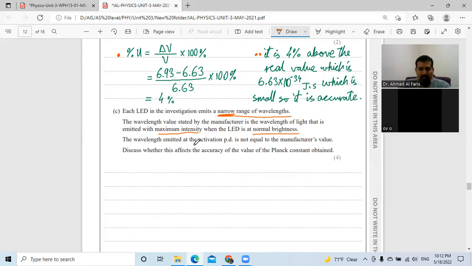The wavelength emitted at the activated potential difference is not equal to the manufacturer value. Discuss whether this affects the accuracy of the value of the Planck constant obtained. Is this the reason or is it not the reason?